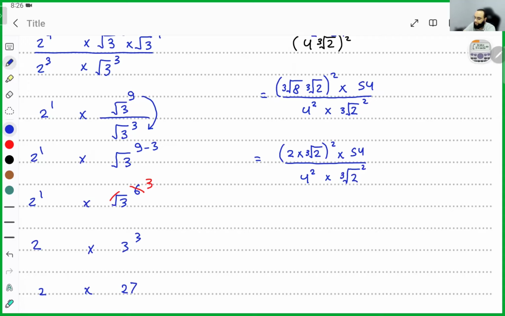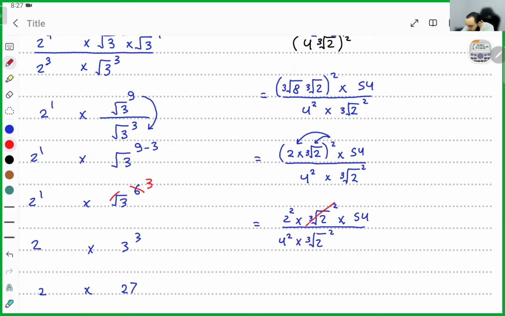Look, I'll distribute the 2 among this bracket. Then it's going to be 2 power of 2 times cubic root 2 power of 2 times 54 over 4 power of 2 times cubic root 2 power of 2.